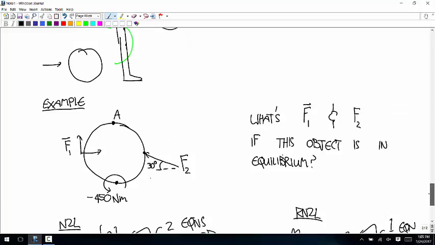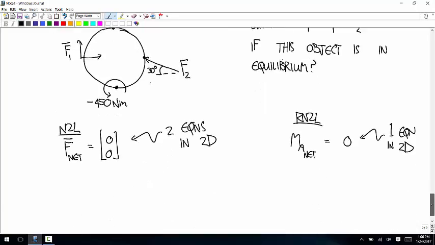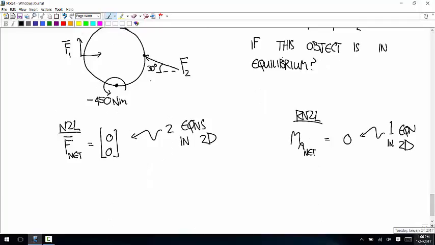Radius is 1 meter. Okay, so fill out the table: r, F, moment.